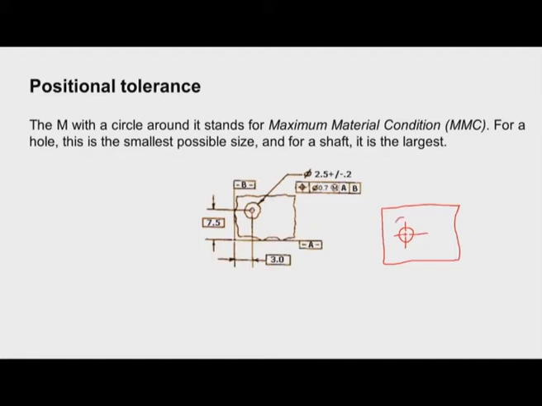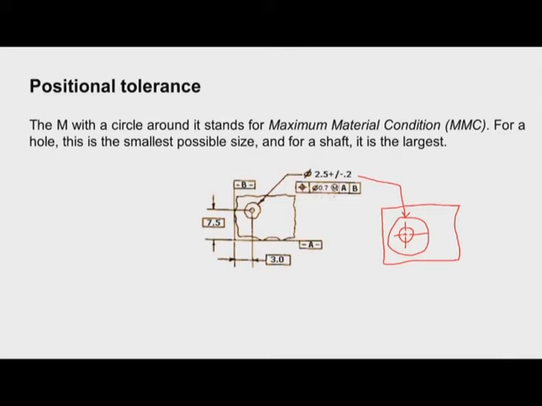Now we can see here this is the hole that is to be drilled, and its values are given here. The diameter of the hole is 2.5 millimeter, with some tolerance also given. The deviation that is allowed for the center is mentioned using this particular symbol.